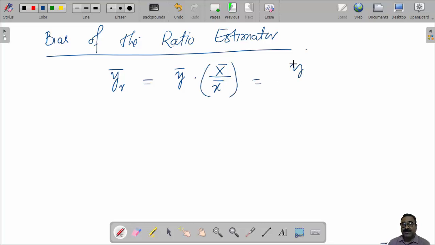Sometimes we can also write this as y bar by x bar into X bar. This is the ratio of two sample means, which is why it is the ratio estimator.